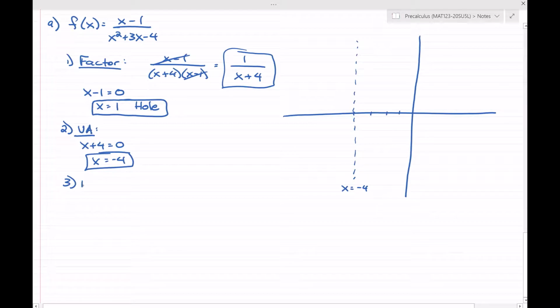And let's do our horizontal asymptote. It looks like the top power is, there's no x. Bottom power is 1. So if the top power is smaller, that means y equals 0 is your horizontal asymptote.